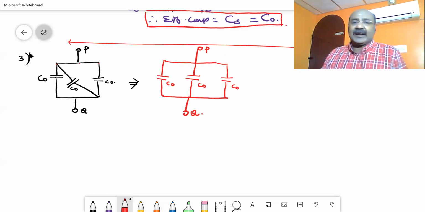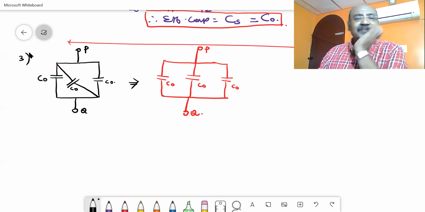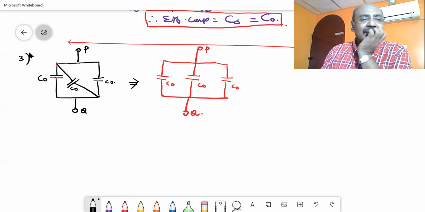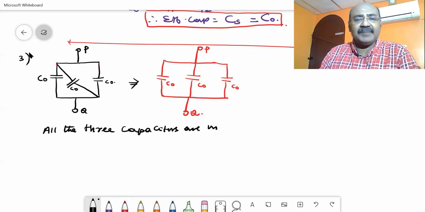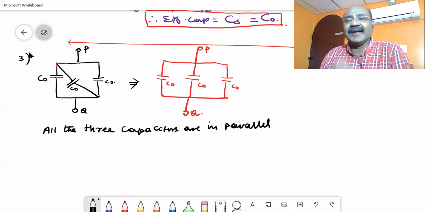So from this you can write, what is the step? See, all the three capacitors are in parallel.